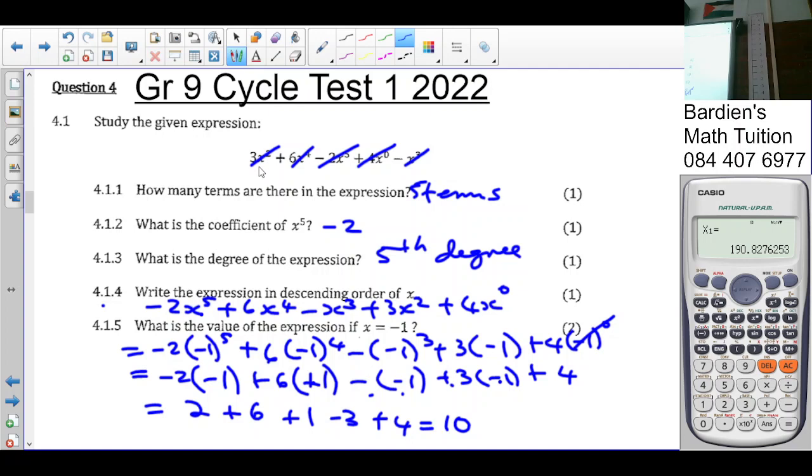Yeah, I made a mistake there. You just check. 5 is positive 2. 6 plus 1 minus 3 plus 4. 10. I'm still getting 10.